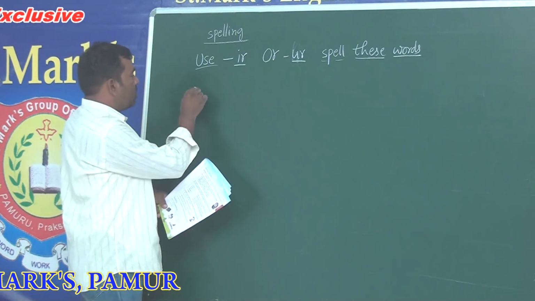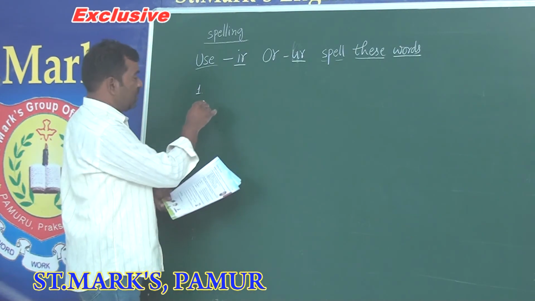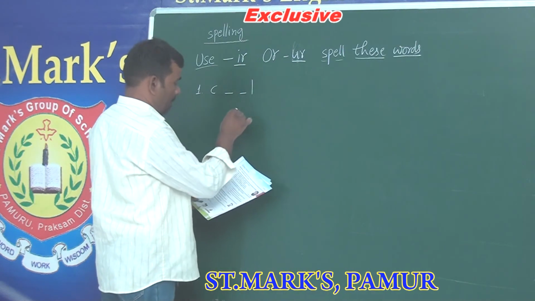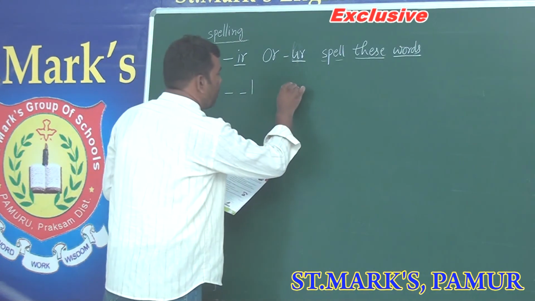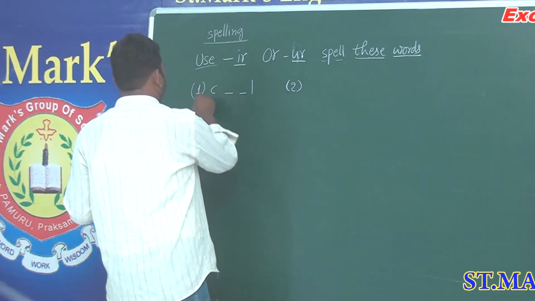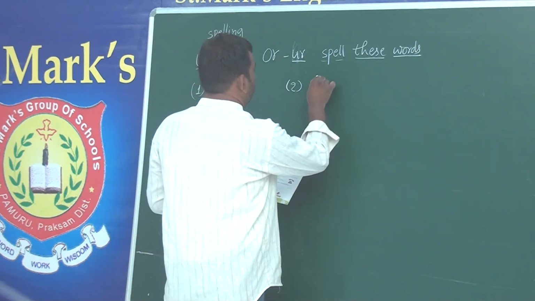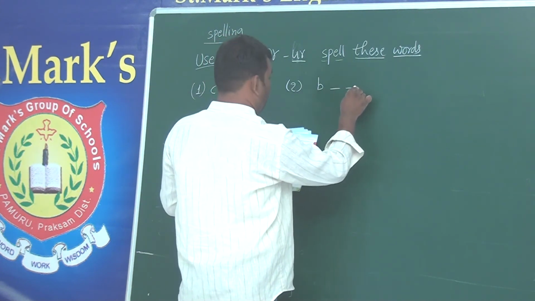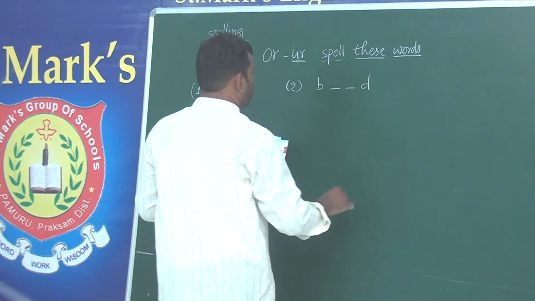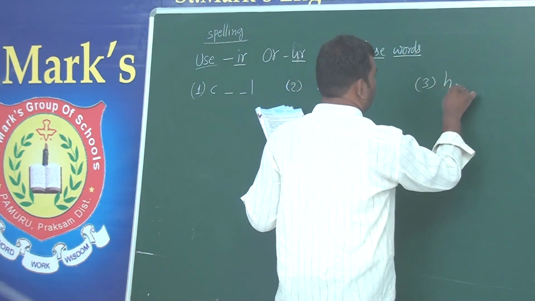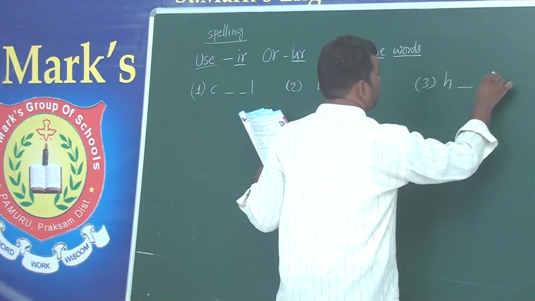The first one, C dash dash L. Second one, B dash dash D. Third one, H dash dash T.